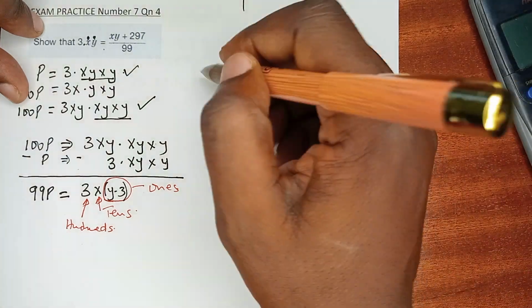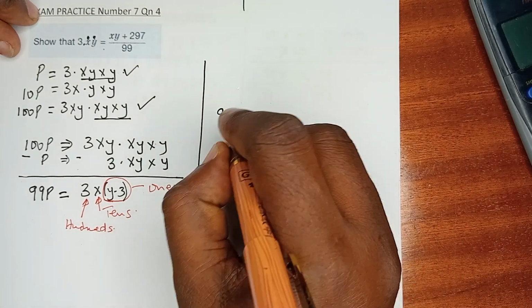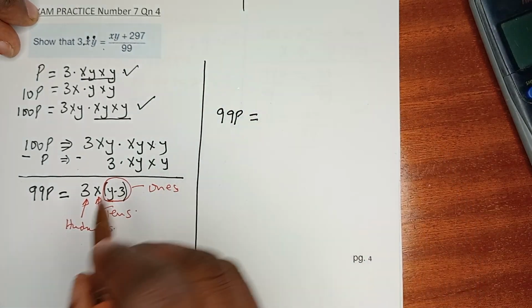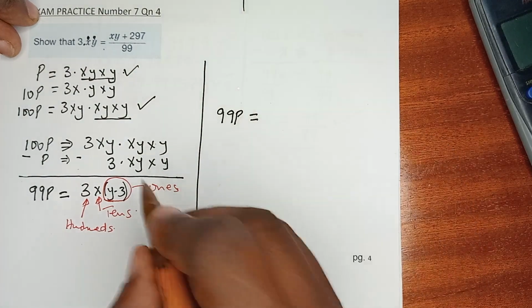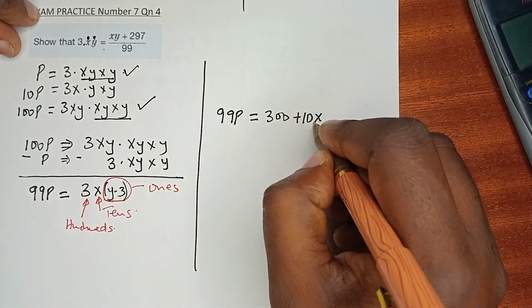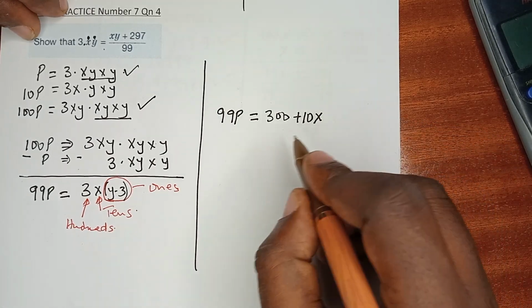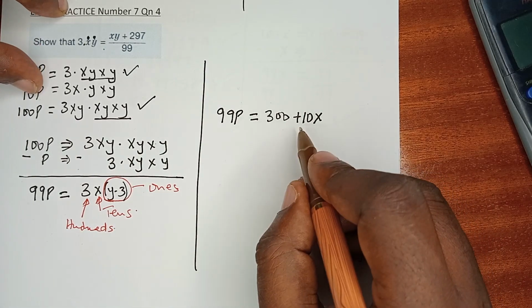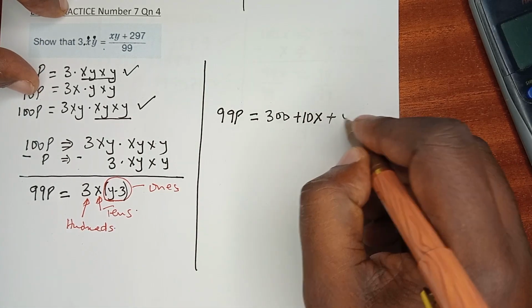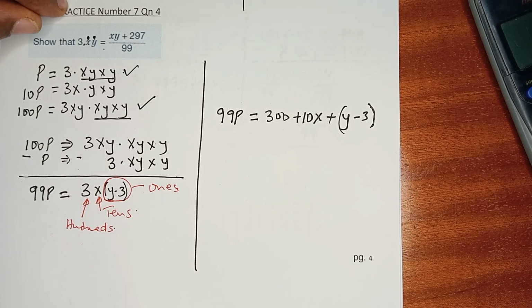So if we were to rewrite them differently, 99p is 3 times 100, which is 300, plus x in the tens, 10x, plus y minus 3 times 1. They are in the ones position.